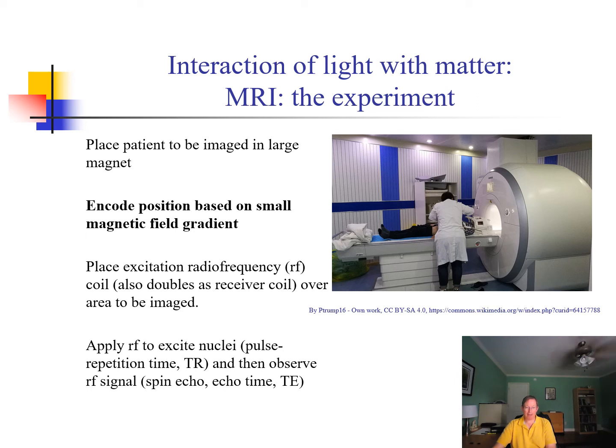So I superimpose a very small magnetic field gradient. If you remember, the precession frequency, and therefore the absorption of radiation, is dependent upon the applied magnetic field. So I have some big applied magnetic field, B0, plus a little magnetic field, B1, that's changing with position.